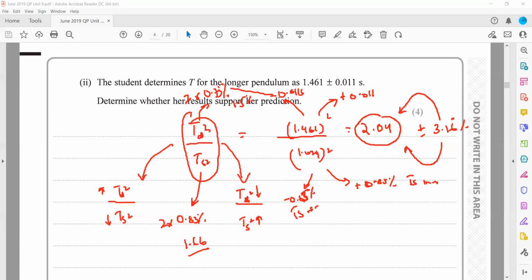So for this value, which is 2.04, the lower limit will be 1.97, and the upper limit, the highest value which we can have, is 0.06 plus 2.04. So the highest value will be 2.1. So any answer within this range is acceptable. Is it clear?